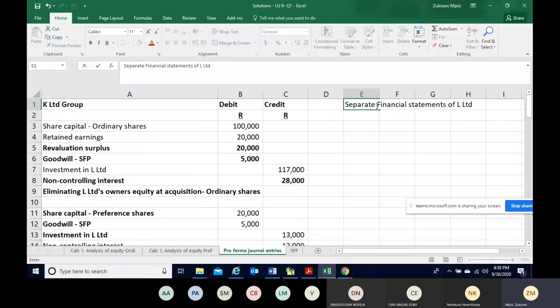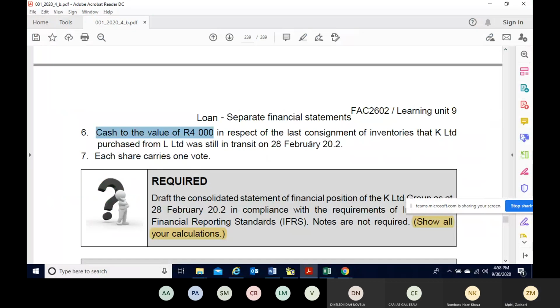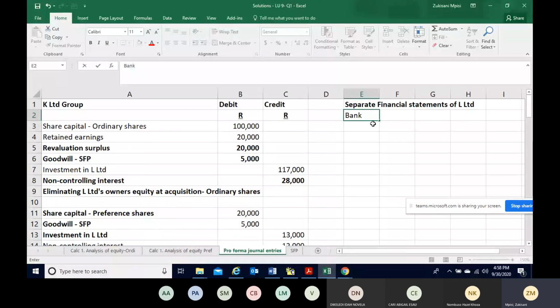L Ltd, the subsidiary, what we have done in this case is we have recognized the amount that would have been paid of 4,000, because it's cash to the value of 4,000 in respect of the last consignment of inventory. So it's cash, so we would have recognized bank. In other words, in the statement of financial position, it's cash and cash equivalents.